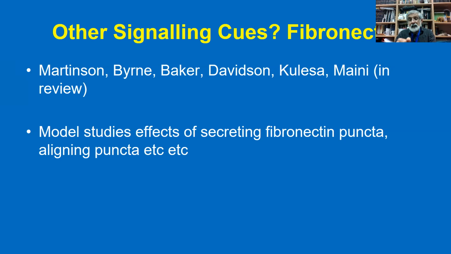What they noticed is that as the cells move over these parcels, these lumps become aligned as fibers. And so the question was, could that be providing the signaling cue for the cells at the back?